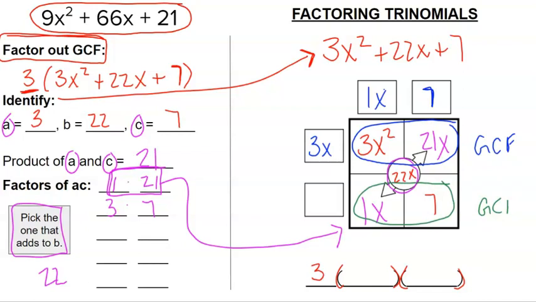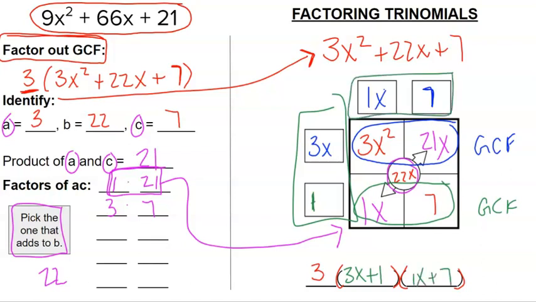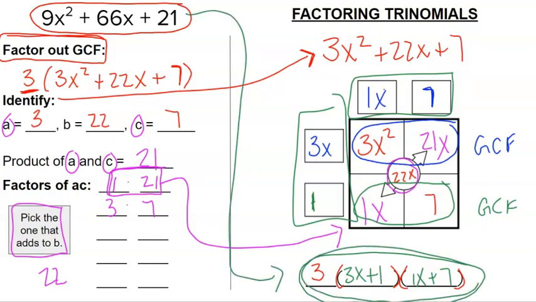Their greatest common factor is just 1, the only number that they share. 1 times 1x gives us 1x, and 1 times 7 gives us that 7. So we have 3x plus 1 as one of our factors, and 1x plus 7 as the other factor. This right here would be our original trinomial in factored form.